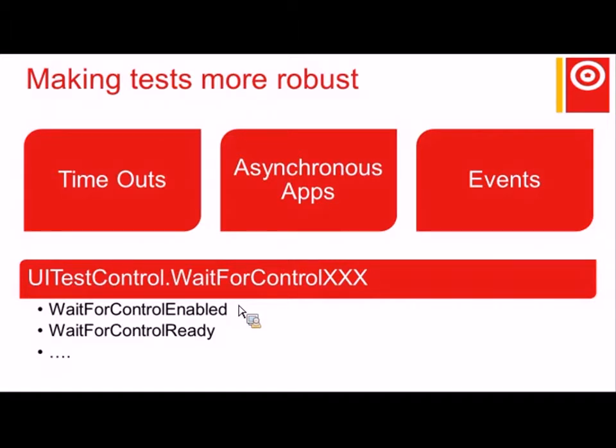The Coded UI system works very hard to make sure that what is on display is there and correct, and so most of the time it would do the necessary waiting for us, but under some conditions we have to do the waiting ourselves.